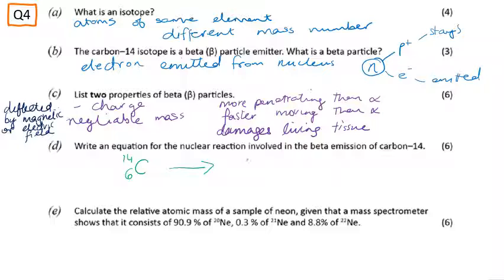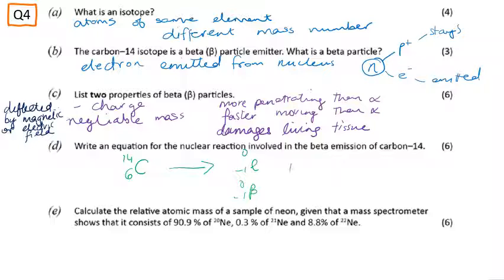And so that electron is going to be emitted from the nucleus. So that's my beta particle. You could also write that as 0, -1 and the beta symbol. Either one of those is correct. And you'd get 3 marks just for having the beta symbol correct there.